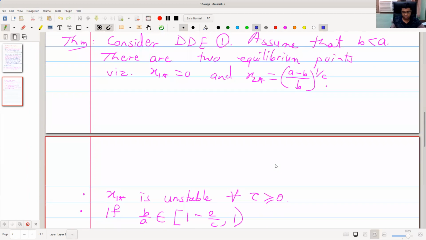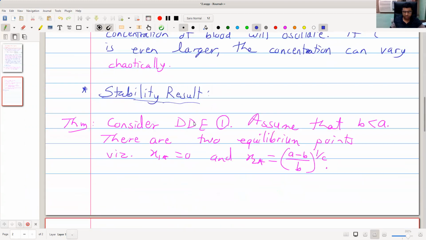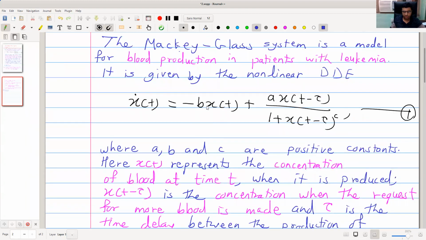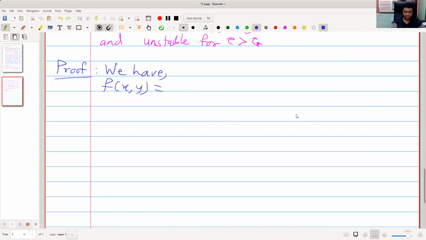So we call the right hand side f of x, y, where y is x of t minus tau. So it is minus b x plus a y upon 1 plus y raised to c.